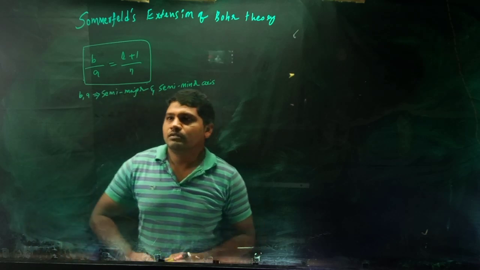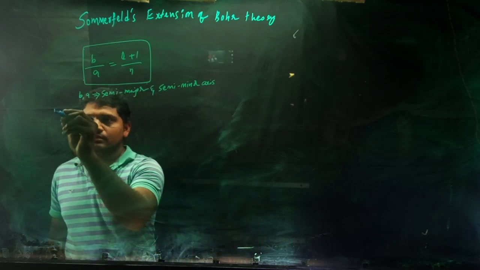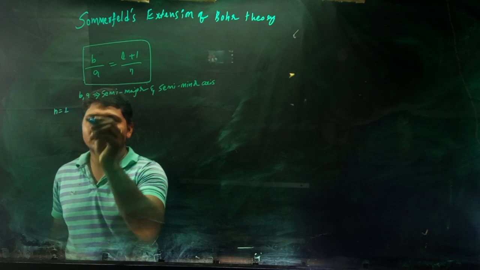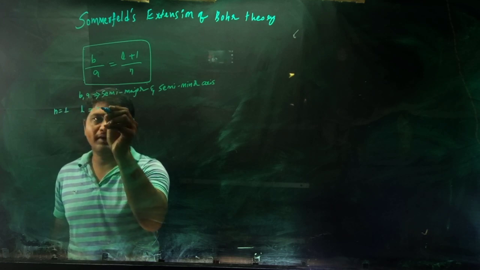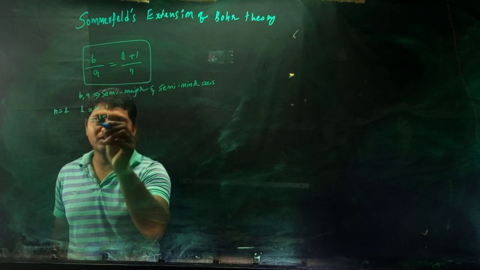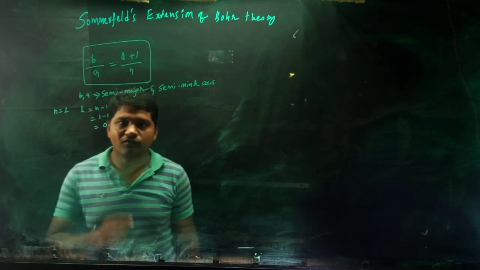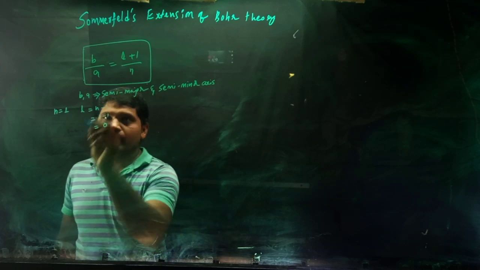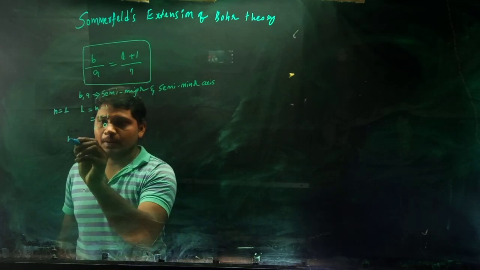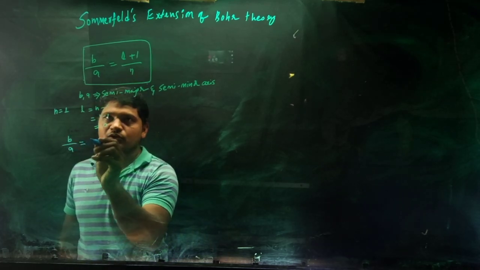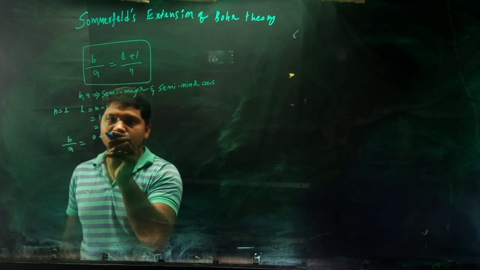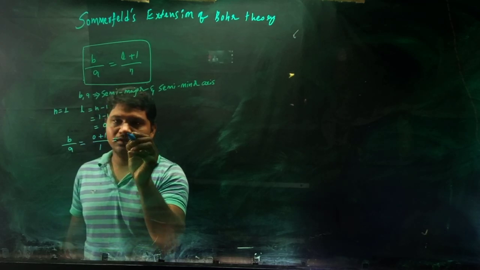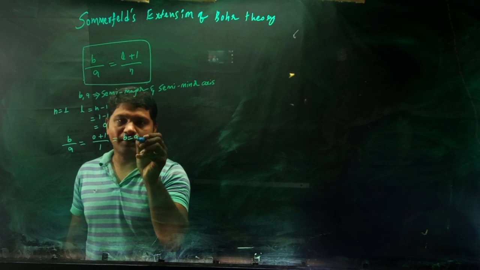For example, consider n equal to 1. Then l is up to n minus 1, which is 1 minus 1 equals 0, so we get one value only. Applying the formula, b by a equals 0 plus 1 by 1, so b equals a.